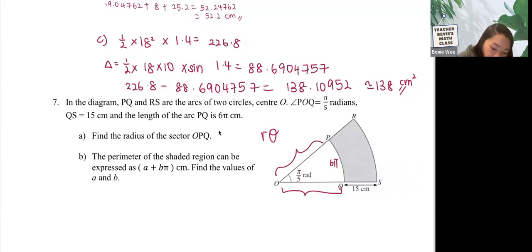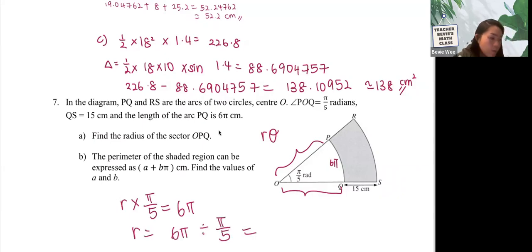Formula very simple. Radius times theta equals 6 pi, the arc length. So my R is 6 pi divided by pi over 5, which gives 30. So this is 30, meaning my big radius is 45.